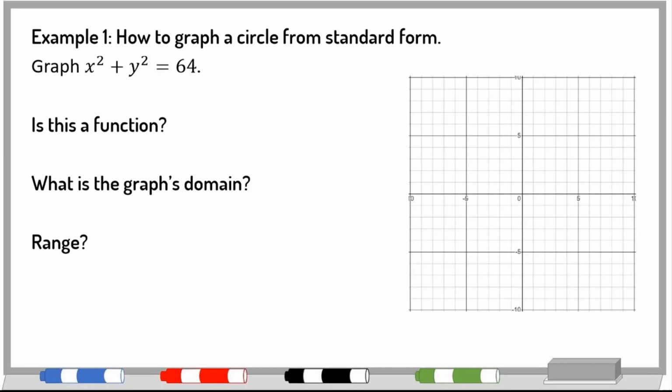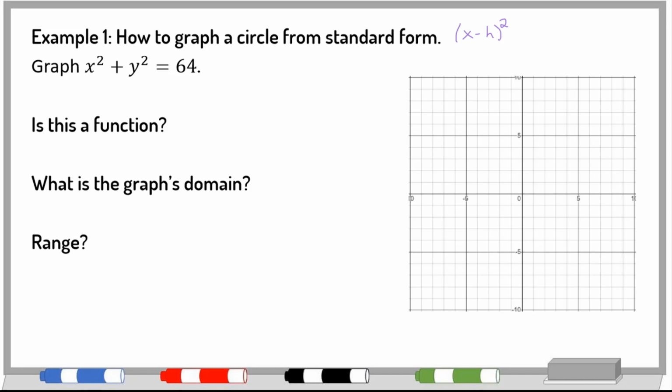So how do we graph a circle given standard form? And also, how do we get helpful information from an equation that's in standard form? So here I've got x squared plus y squared equals 64. Now in our standard form equation we had parentheses and it said x minus h squared. We don't have parentheses, we just have an x that's being squared.